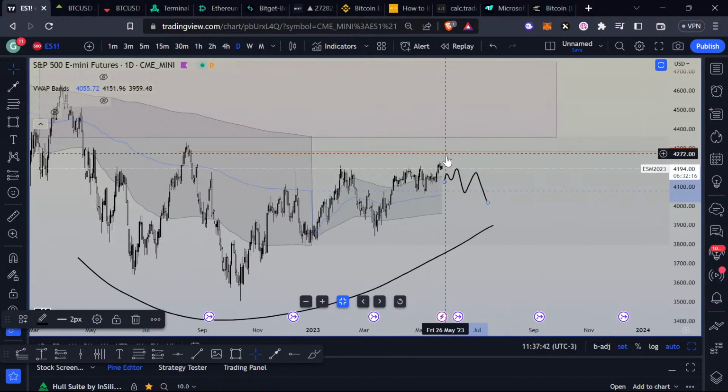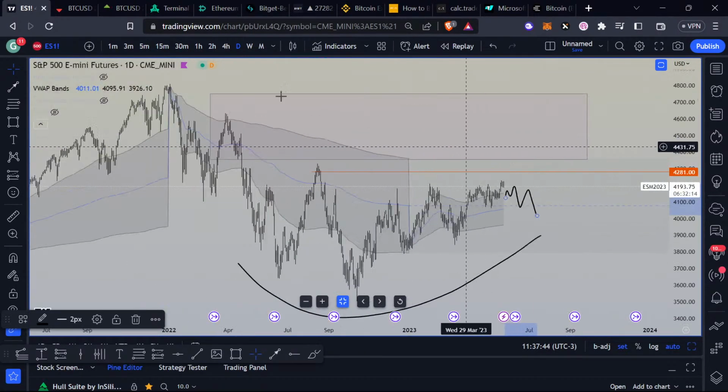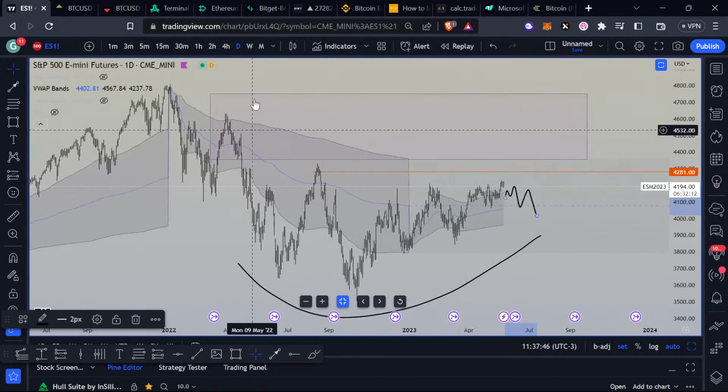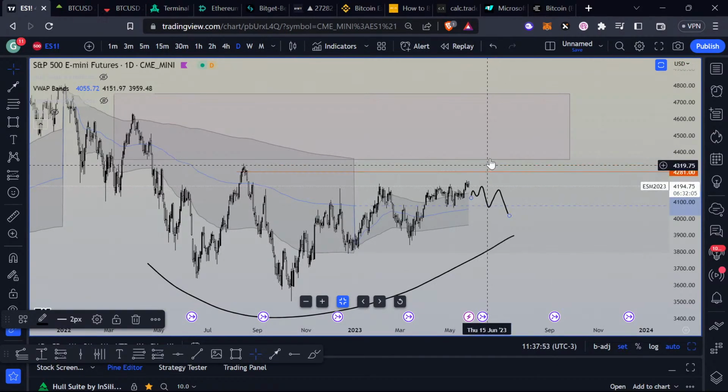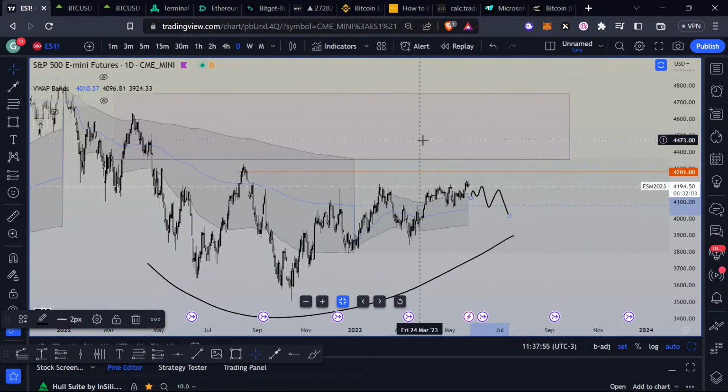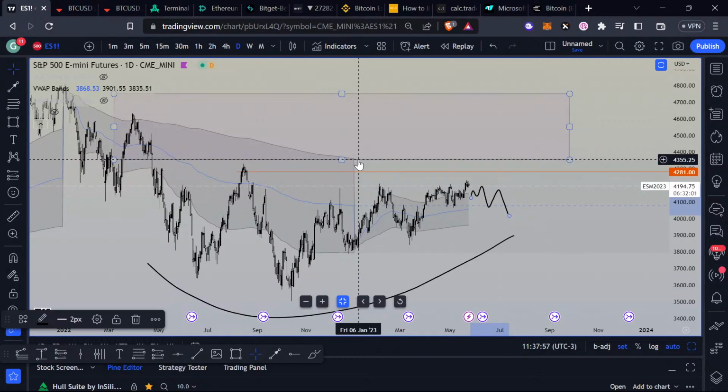Price is trading above VWAP, and as we mentioned, we still have a sort of gap right here that wasn't covered. It wouldn't surprise me if price, instead of going lower, manages to get a flip above this key swing high, manages to at least touch the value I have for 2022.